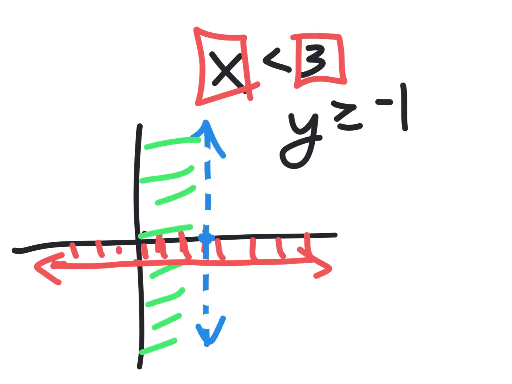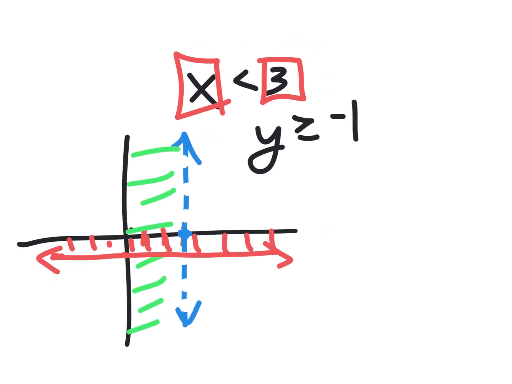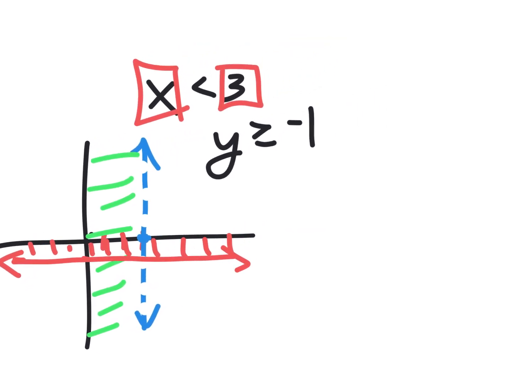Above. Good. Now, I'm going to ask you to prove that the point 1, 1, it looks to me like it would be right there, is in the solution. Prove that 1, 1 actually is the solution.